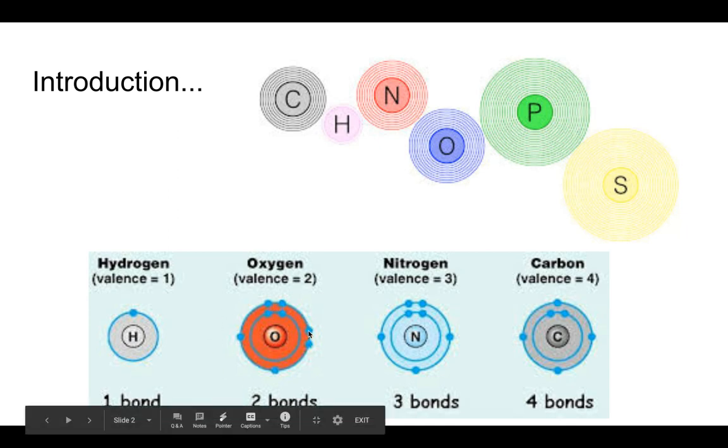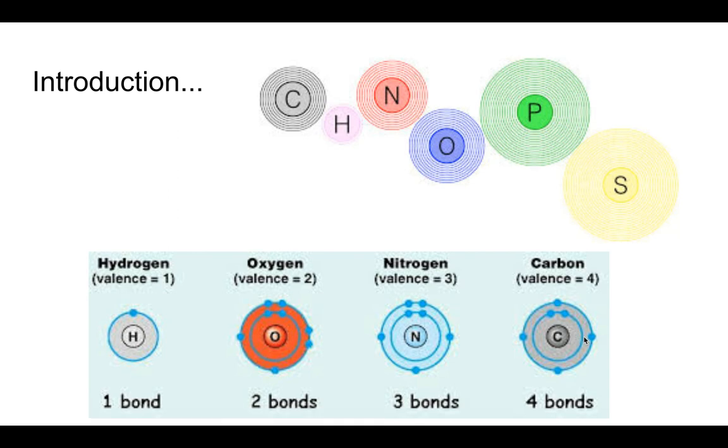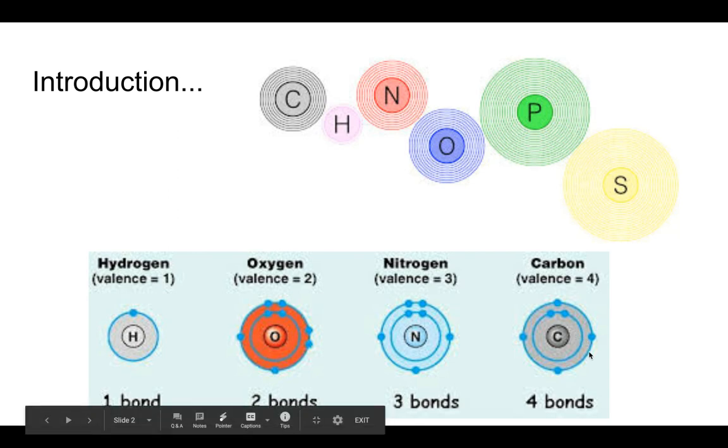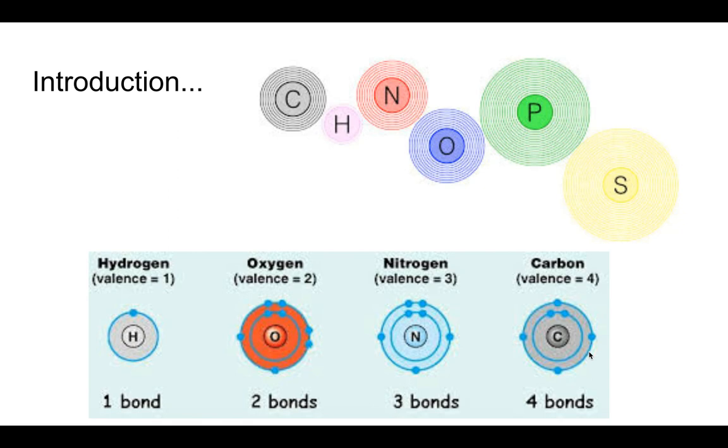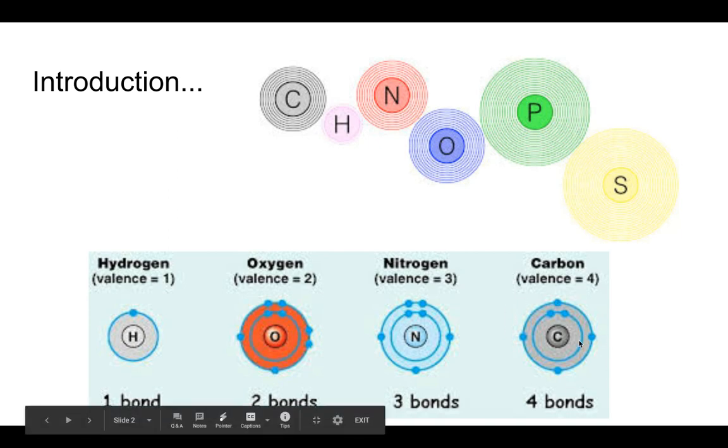It has six valence electrons, so it's looking to pick up two additional. Here is nitrogen that has five valence electrons and is looking to bond to three additional. And here's carbon that has four. Carbon is interested in creating bonds with four additional electrons from additional atoms.